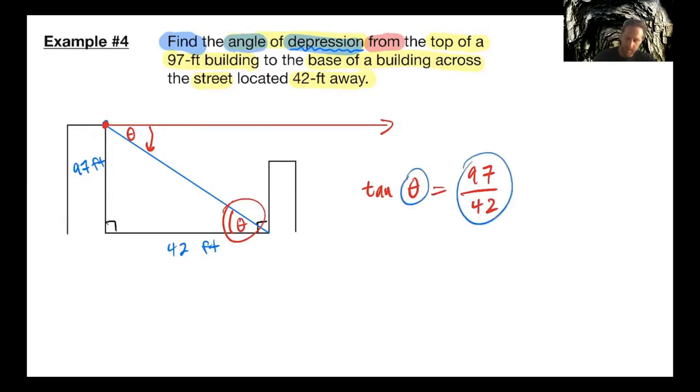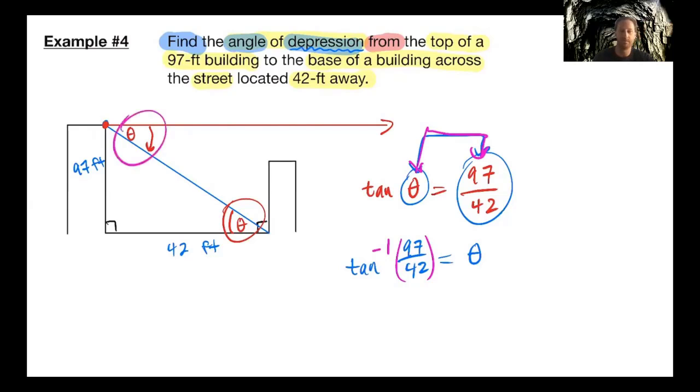To flip-flop these and get the angle by itself for this tangent, we would have to do the inverse in order to reverse our input and output. So all you have left to do is punch that in your calculator, and then don't forget to give me the correct significant digits or figures for this angle of depression that we're finding.